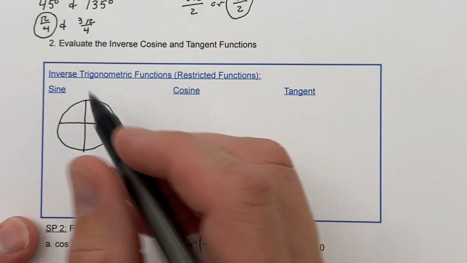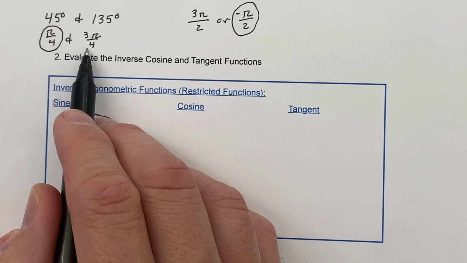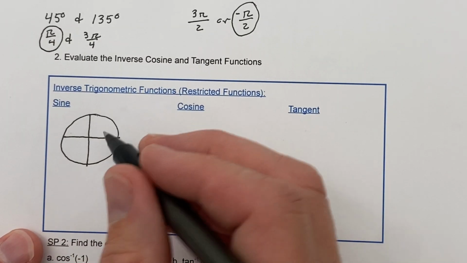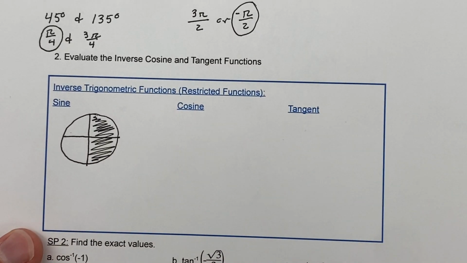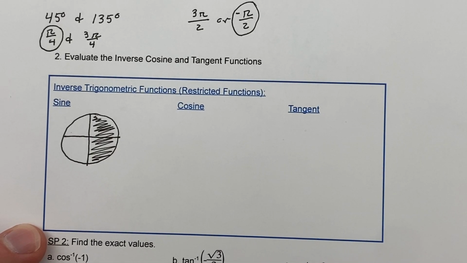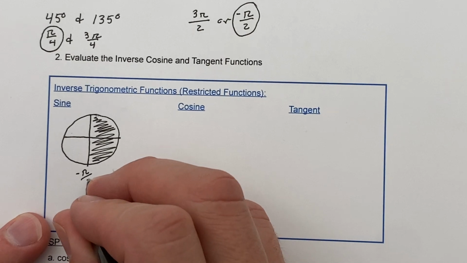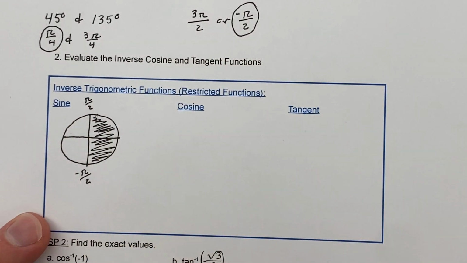Example number 1 was a really good example of two answers there, pi over 4 and 3 pi over 4. And why did they choose pi over 4? Well, because when it comes to sine, if we can only choose one answer, we're going to take the one that occurs on the right side of the unit circle, which goes from the range, you may not like this at first, negative pi over 2 to pi over 2.